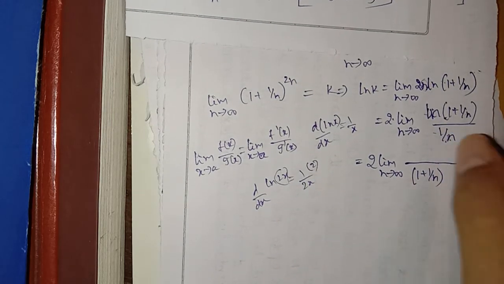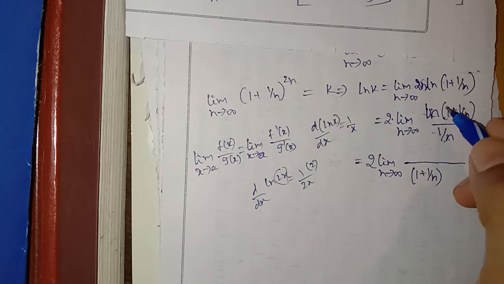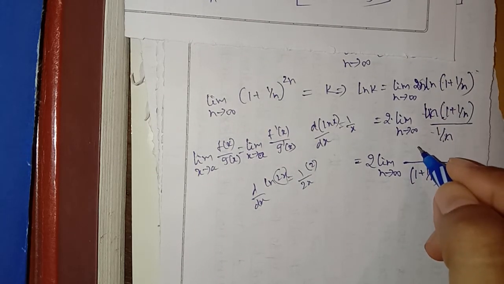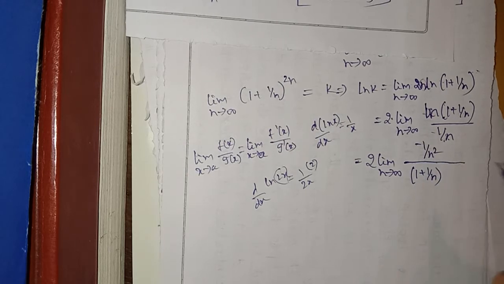Similarly, here we apply the chain rule: 1 + 1/n, if we differentiate it again, we get minus 1/n^2.